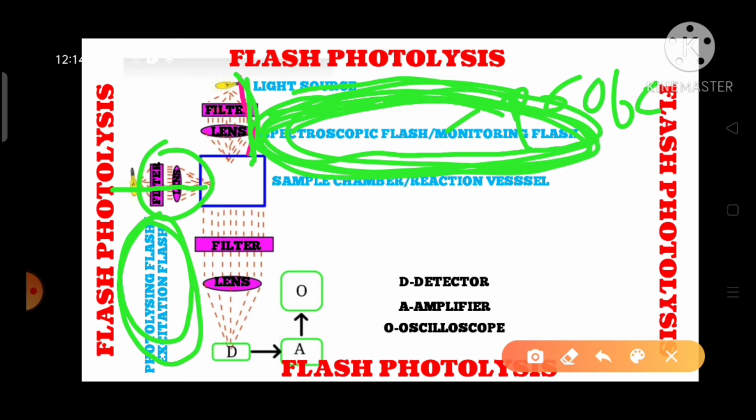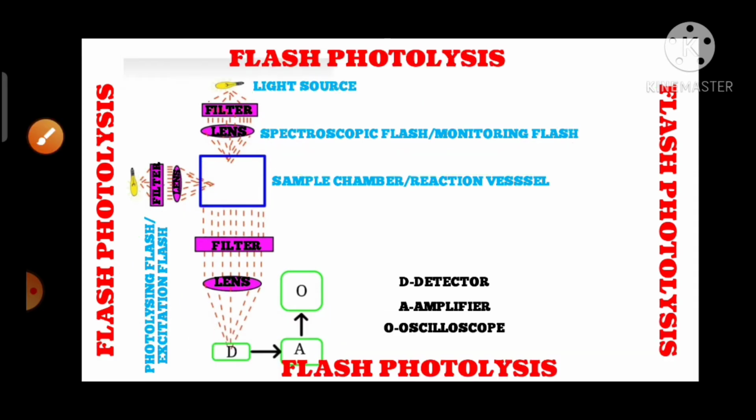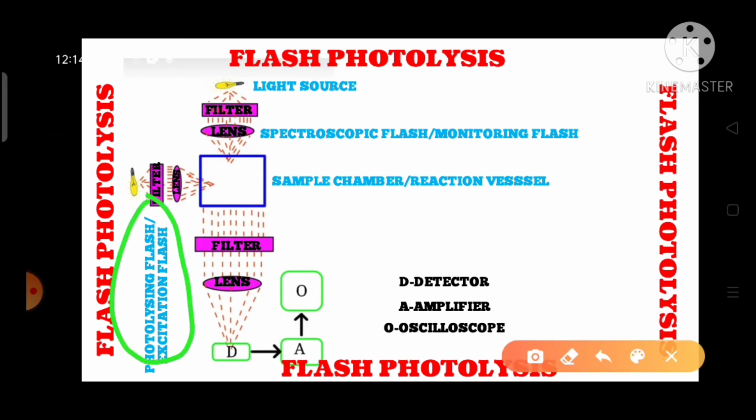We have to know one more thing: the photolysing flash or excitation flash is created by using a very high voltage current. Approximately 1000 volts is used to produce this excitation flash.